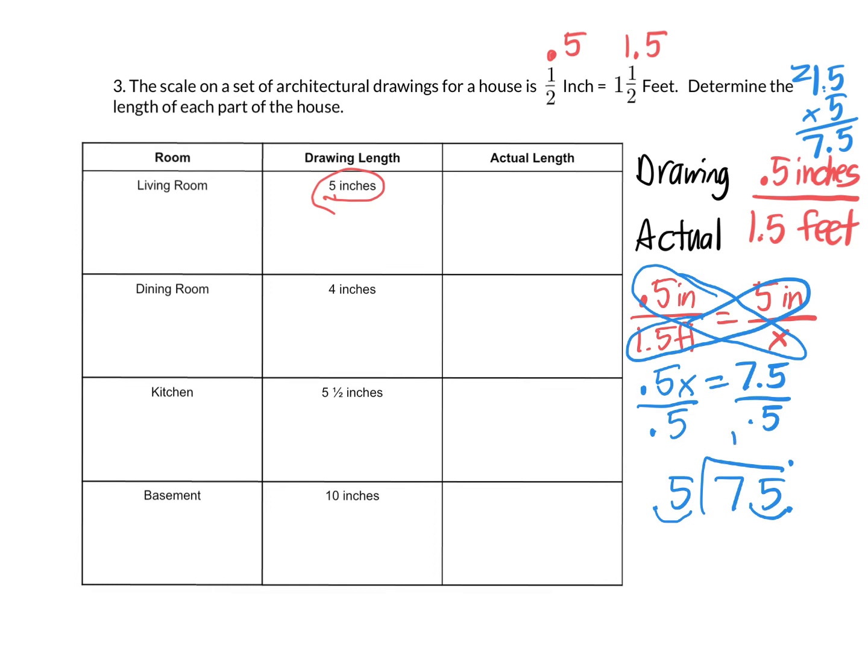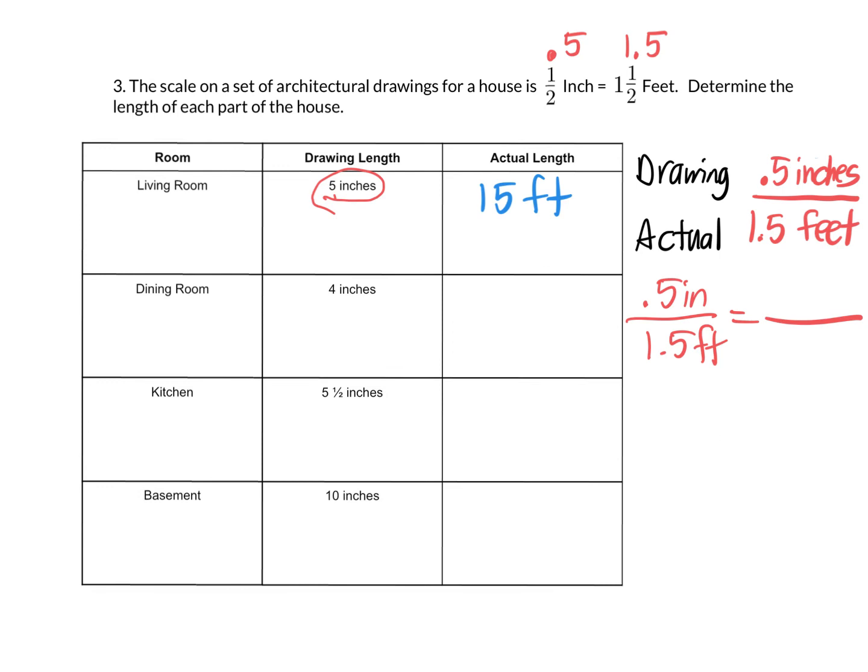So 5 goes into 7 once, and 5 goes into 25 5 times. So it means the actual length of the living room is 15 feet long.